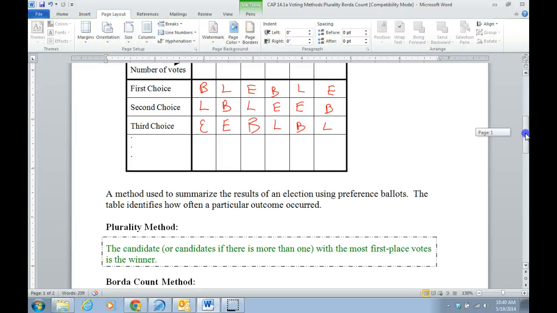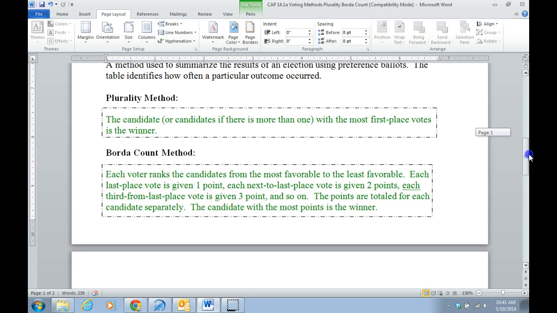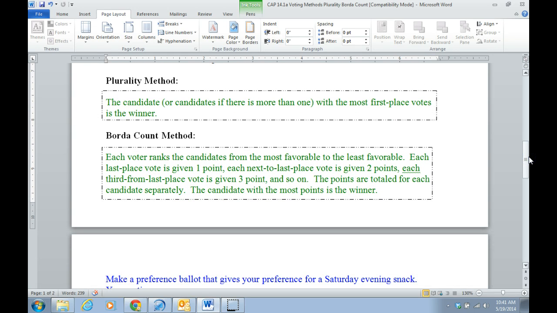All right, the other method that we want to talk about today is called the Borda count method. Okay? And in this case, each voter ranks the candidates from the most favorable to the least favorable. And each last place vote is given 1 point. The next to last gets 2 points, and all the way up to the top.